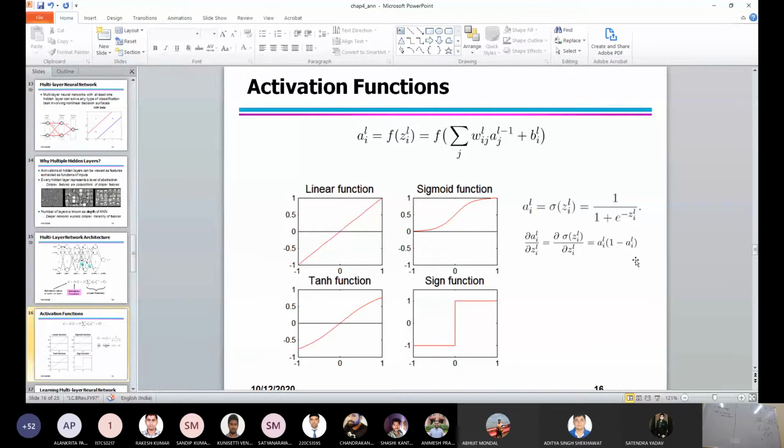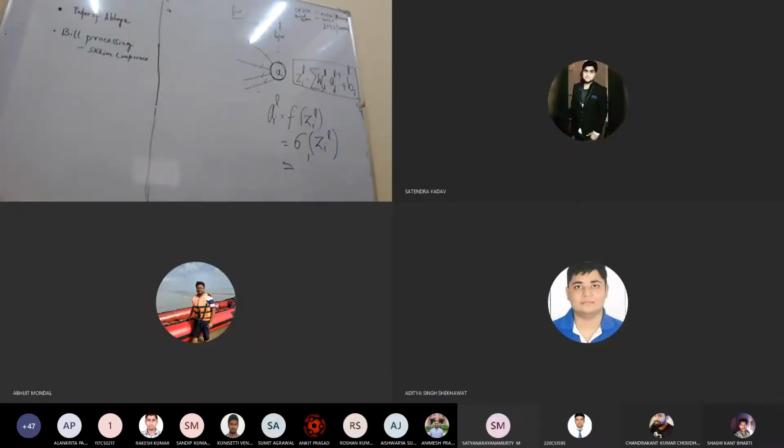So now what I will start writing on the board: the sigmoid function we use, right? So sigmoid function and then we have the derivative. So how do you get this derivative value now? I will show on the board. So please look into the board. Okay. So what do we have?